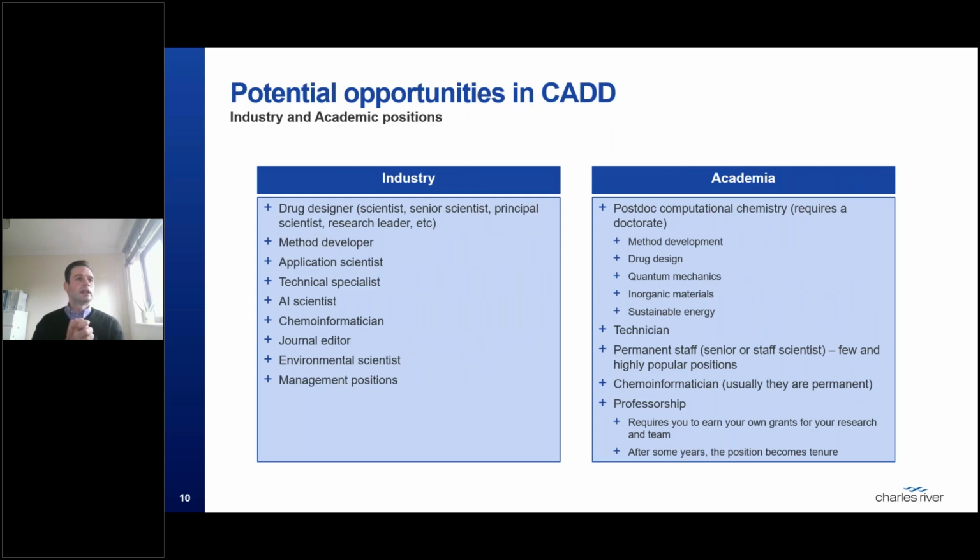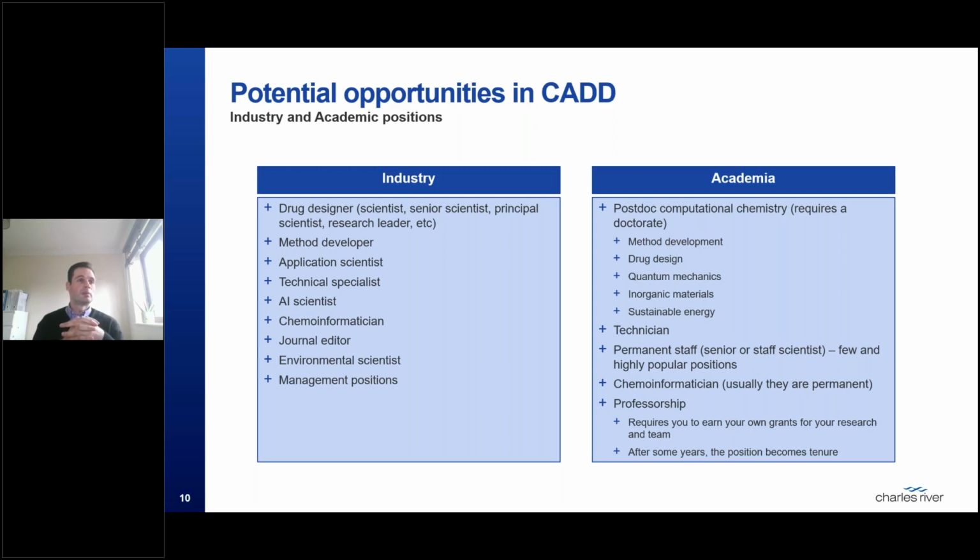And here I have a slide where I give an overview of potential opportunities you may find in CADD. I classify them based on type of institutions. It can be in industry or academia. In industry, you have the typical drug designer positions, from scientist all the way to research leader, depending on your experience and what is suitable to your background.